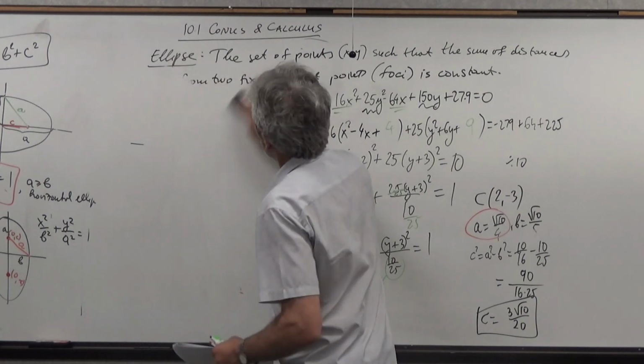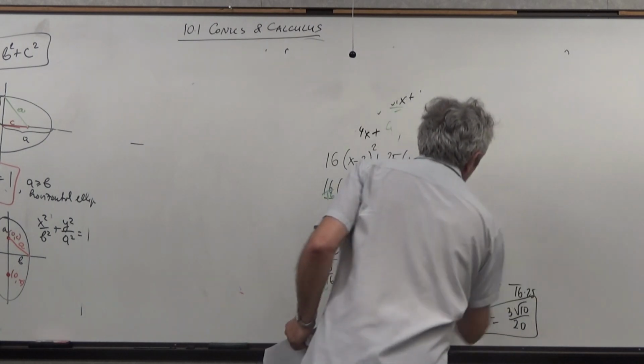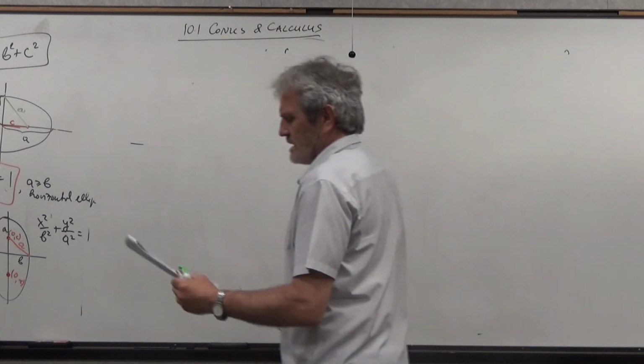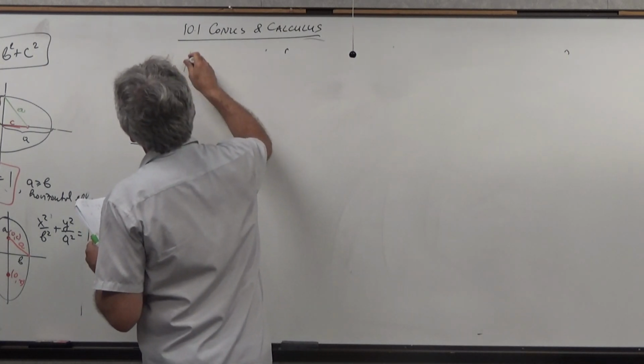Let's go to one problem where we do have features and then we want the equation, like we did with parabolas. So what would that be? It says the following, number 40.